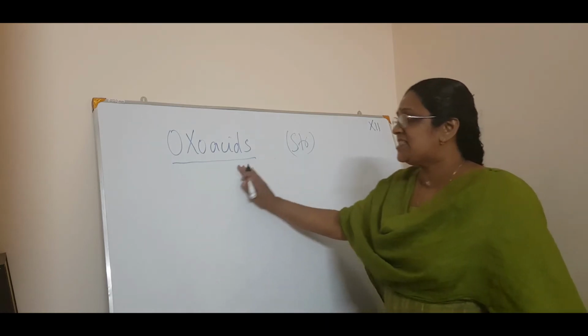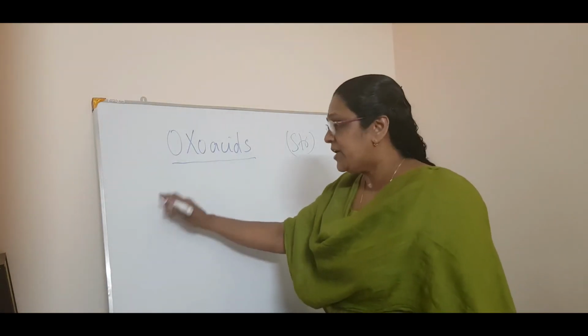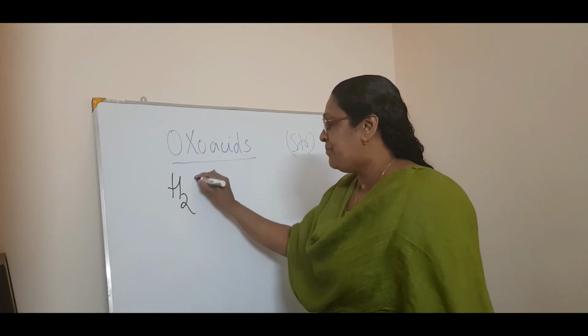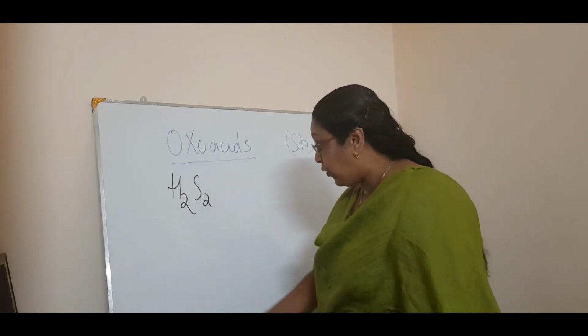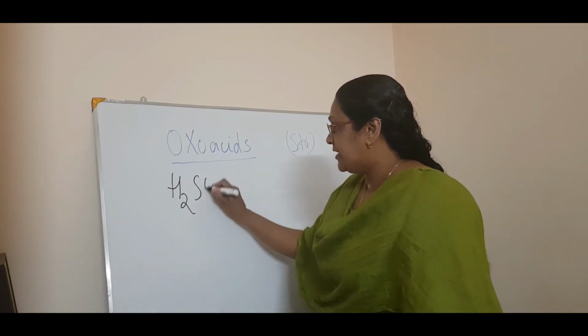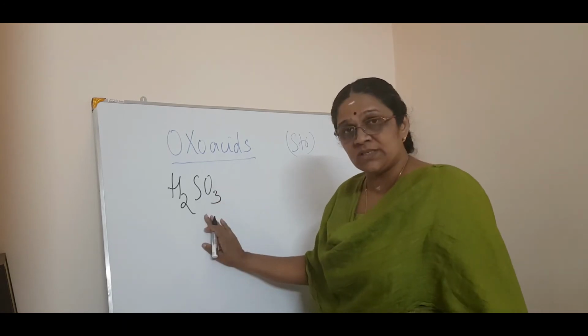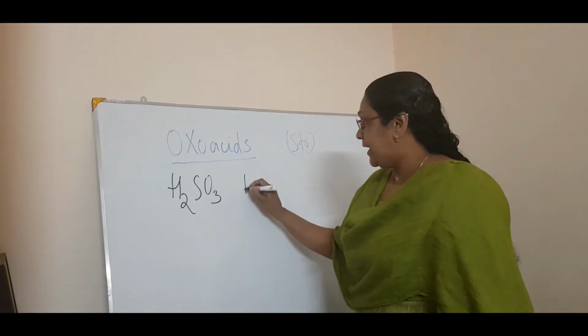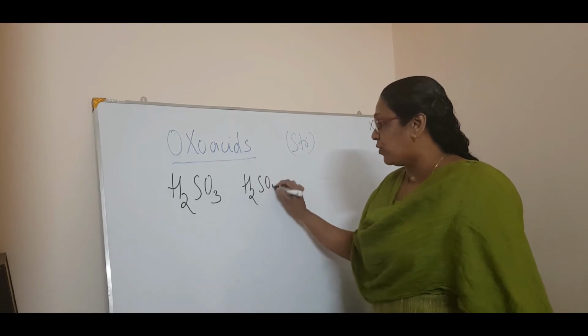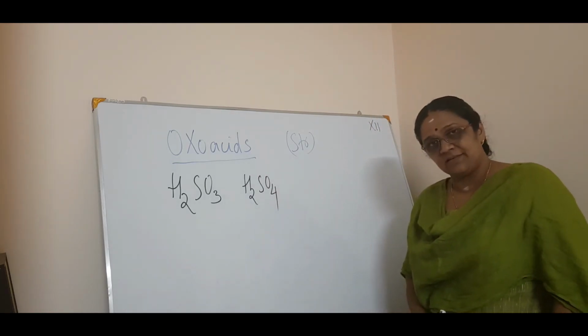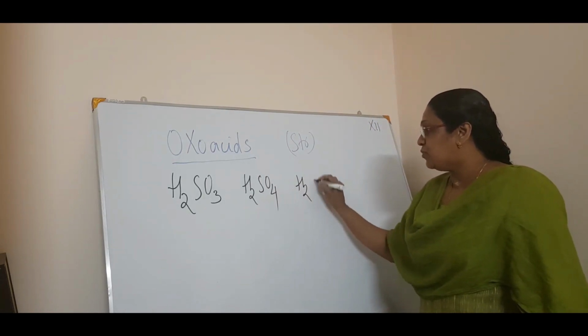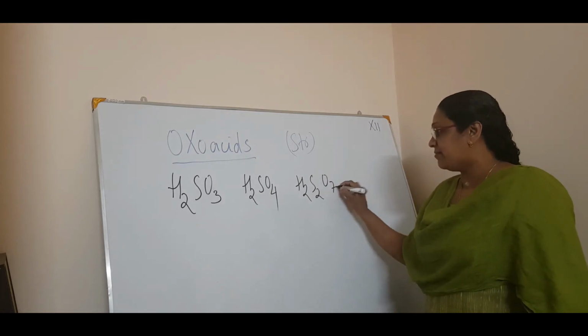So some of the important oxo acids you have to study are H2SO3, sulfurous acid, then H2SO4, sulfuric acid, correct? Then H2S2O7.